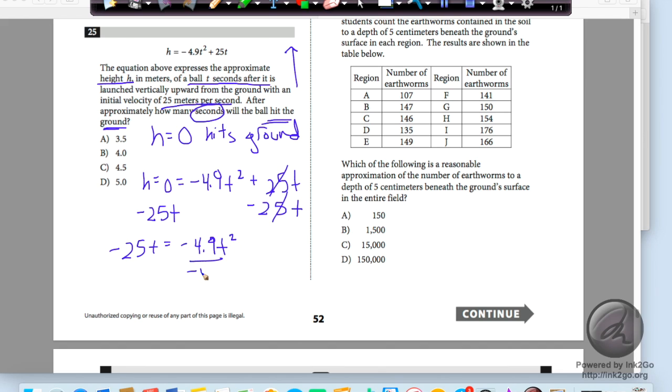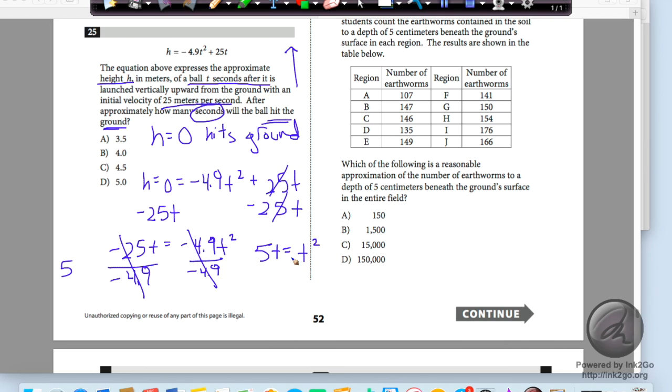I'm now going to divide by negative 4.9 on both sides to be able to isolate t by itself. And you can probably see where this is going because of the 25. So this is negative 4.9, and this is approximately going to be 5, right? From this information, I can tell that 5t equals t squared. Now, how would I end up getting rid of, just to isolate for t by itself?